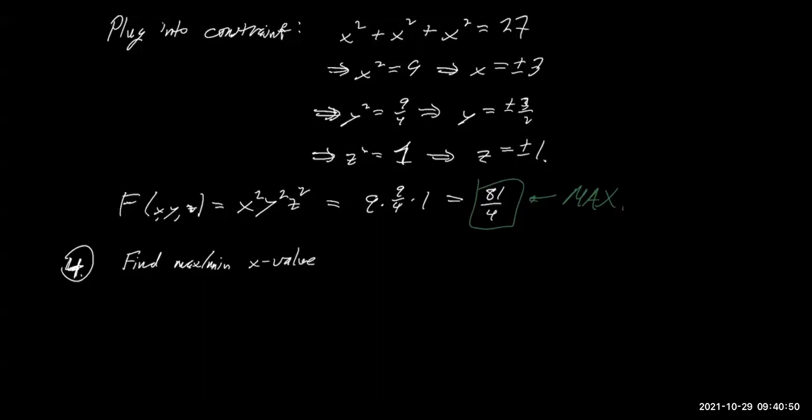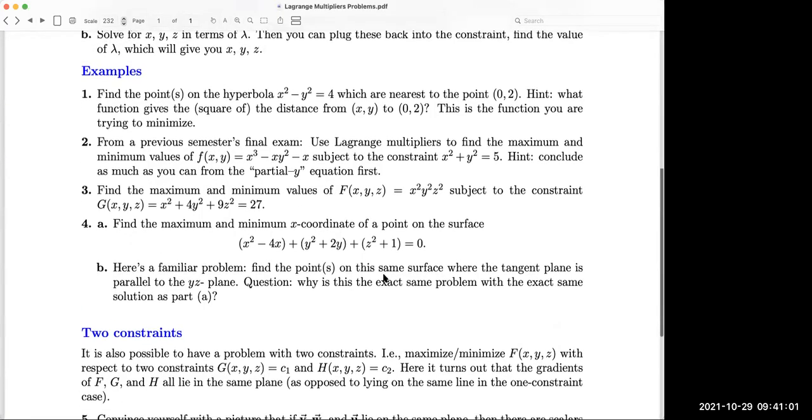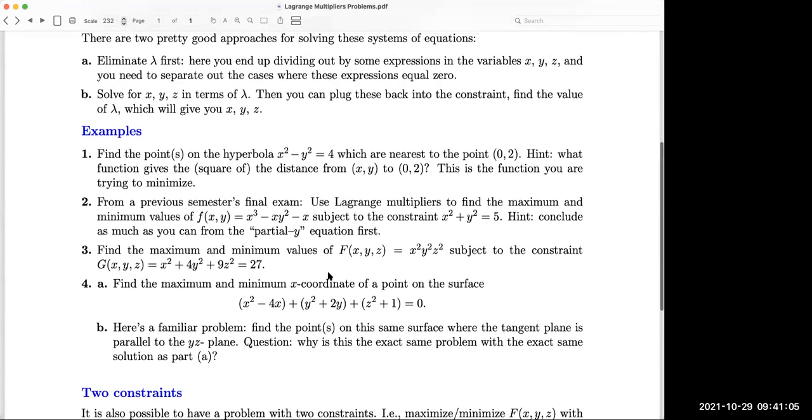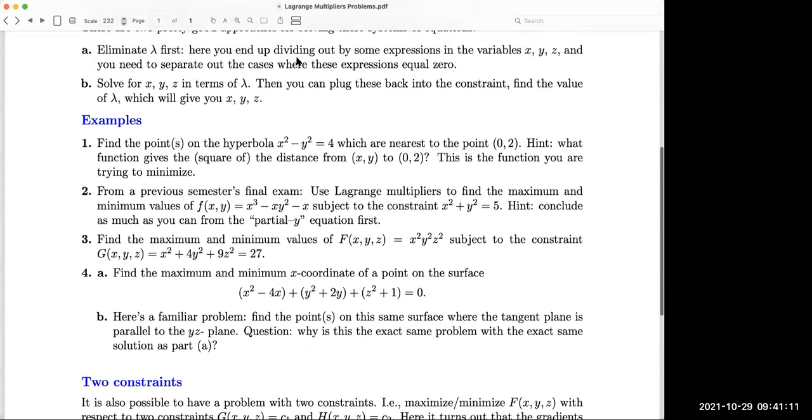Go ahead and start writing problem 4. Maybe this one I will talk about the setup, because the setup's kind of more interesting. And maybe also I'll talk about why A and B are the same problem. And then I can let you guys work on it.